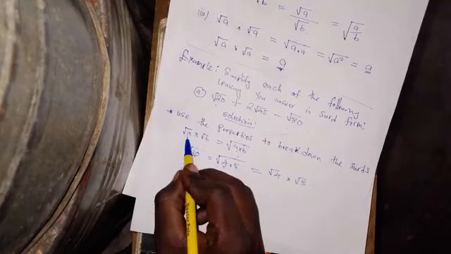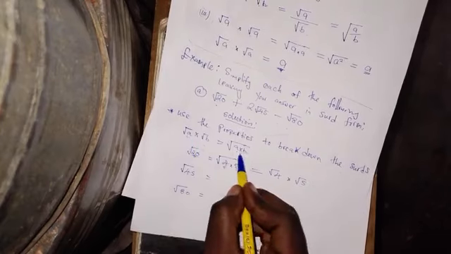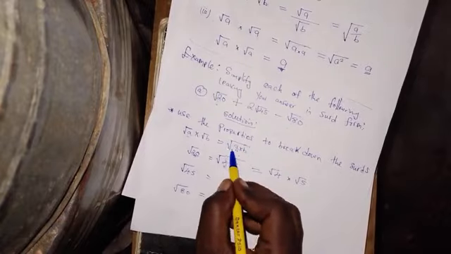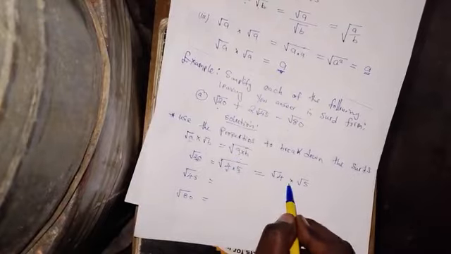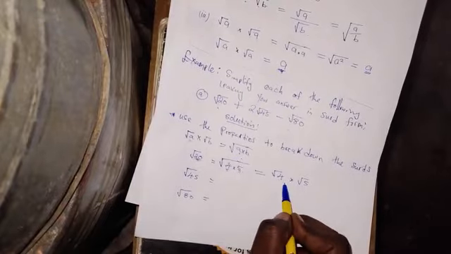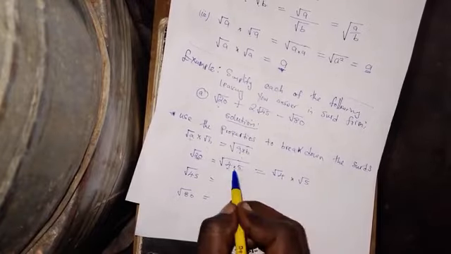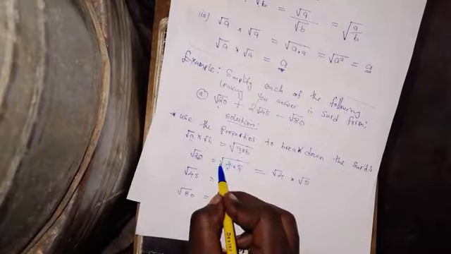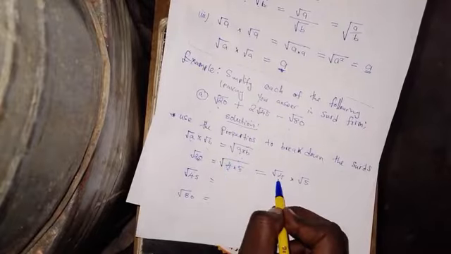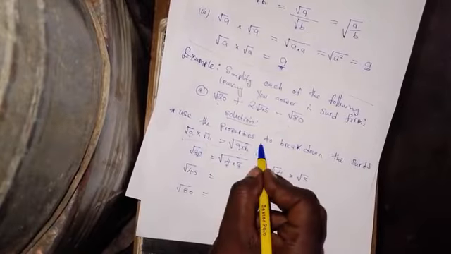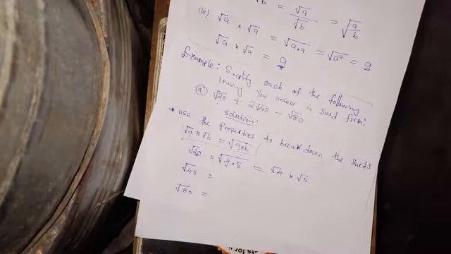Remember, we simply say that if A and B are multiplied under the same root, it is just as good as breaking the two roots to be independent. So 4 by 5 under that radical is the same as root of 4 multiplied by root of 5 based on this property. Hope we're able to get the idea there.